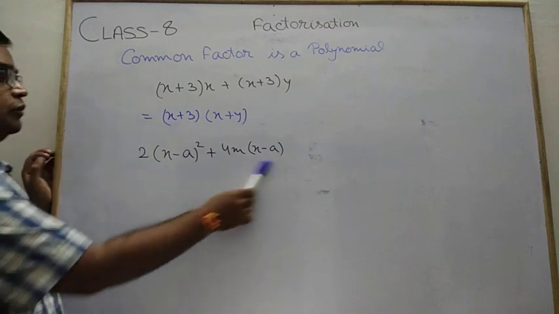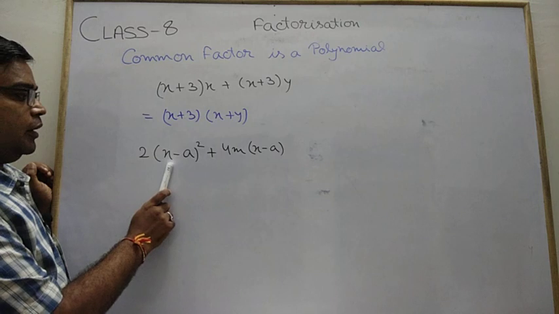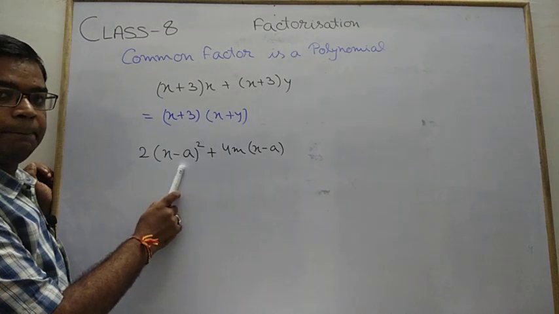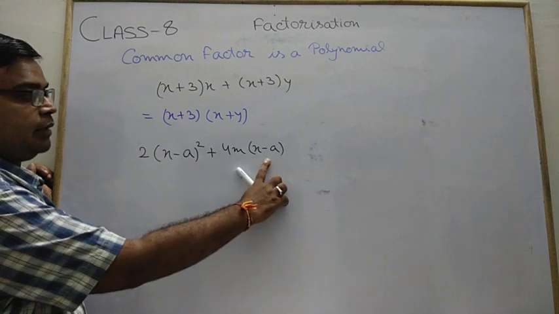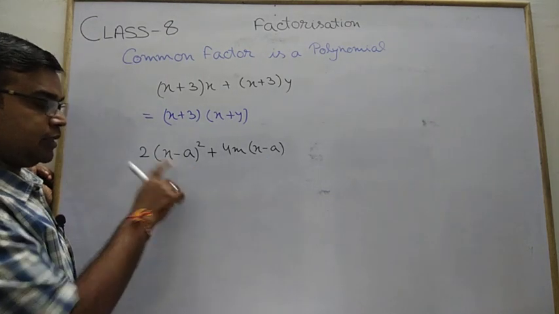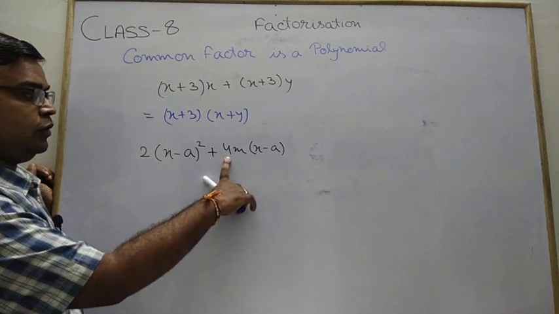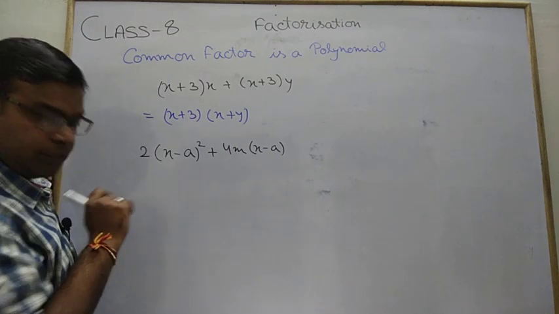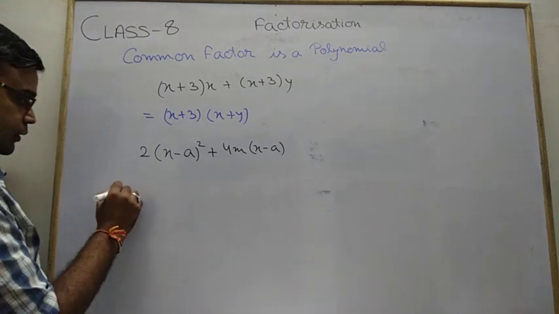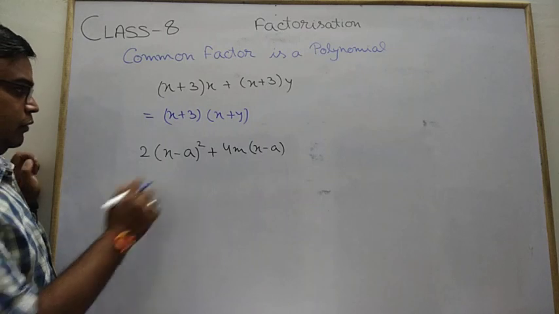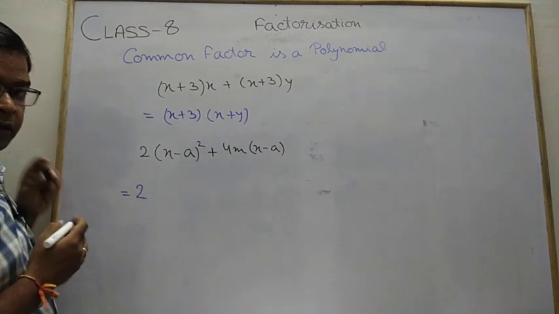So in this question, what you are observing is that here we have the square of x minus a, meaning x minus a multiplied 2 times. Here x minus a is multiplied 1 time. This is one part. Here the numeric coefficient is 2, here the numeric coefficient is 4. From this we can easily find out which one is the numeric coefficient. So in the second line, what do we write? We take the first numeric common factor 2.